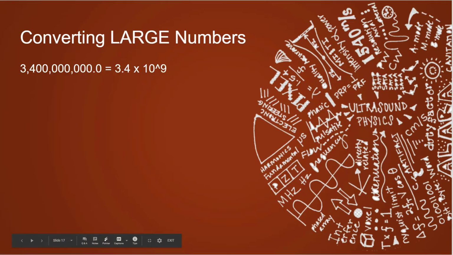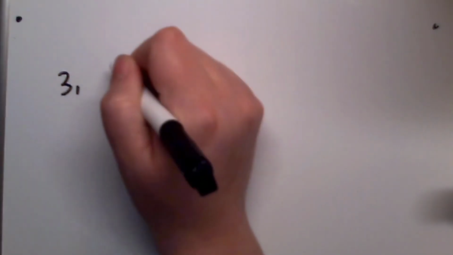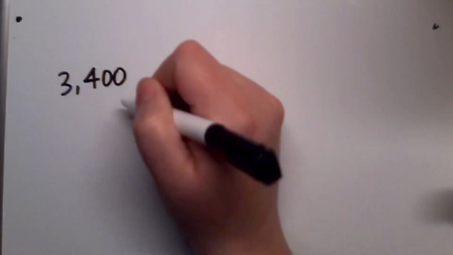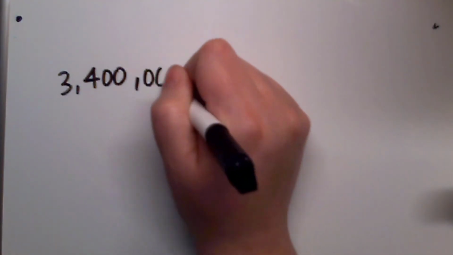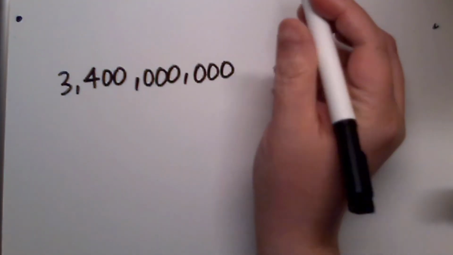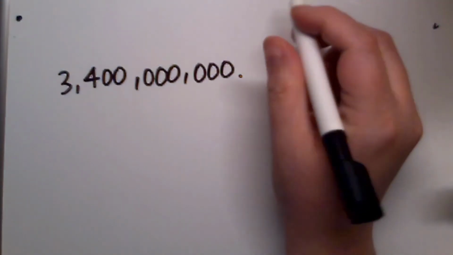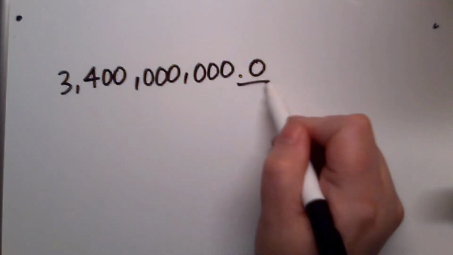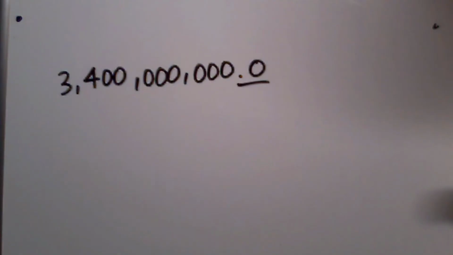So let's do the example on the screen here on our board. So we have 3, 4, 1, 2. So we have 3 billion, and we want to make that into a power of 10. I'm just putting this trailing 0 here for visual purpose.